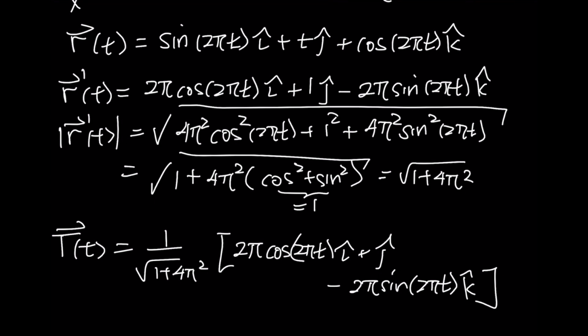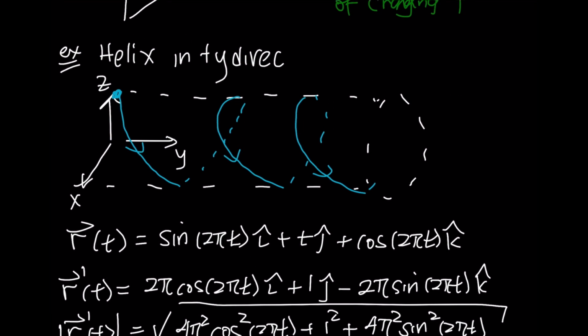If I just scroll back up to the picture, at any point, there's a position vector. I'm not going to draw in the position vector because it will clutter up the diagram. The unit tangent vector points this way. At this particular location, there's the unit tangent vector. At this particular location, there's the unit tangent vector. So as expected, the unit tangent vector changes its orientation depending on where I am on the curve.